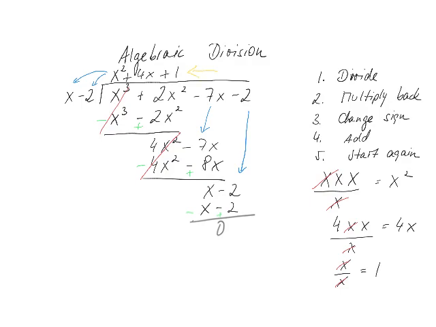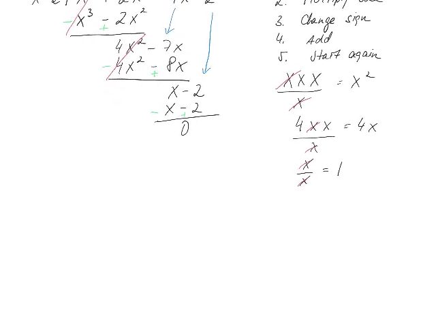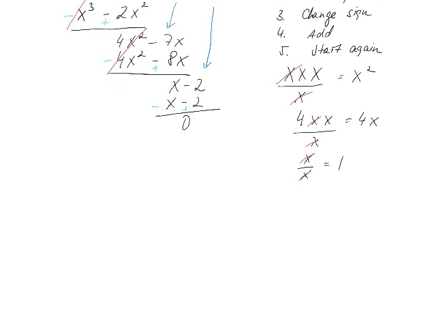I want to quickly go through another example. Okay, so what if we were told to divide 36x cubed minus 28x plus 8, and we were told to divide this by 3x minus 2.